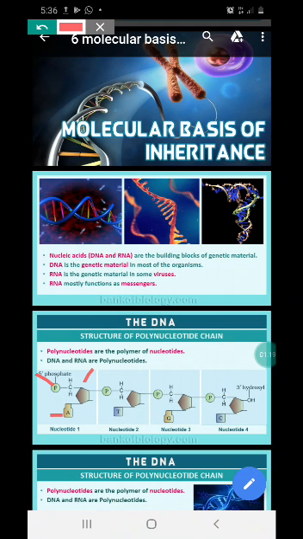A nitrogenous base, a 5-carbon sugar molecule, and a phosphate molecule. These three components make up one nucleotide. Like that, many nucleotides are joined together to form a polymer, a polynucleotide. Okay, right?